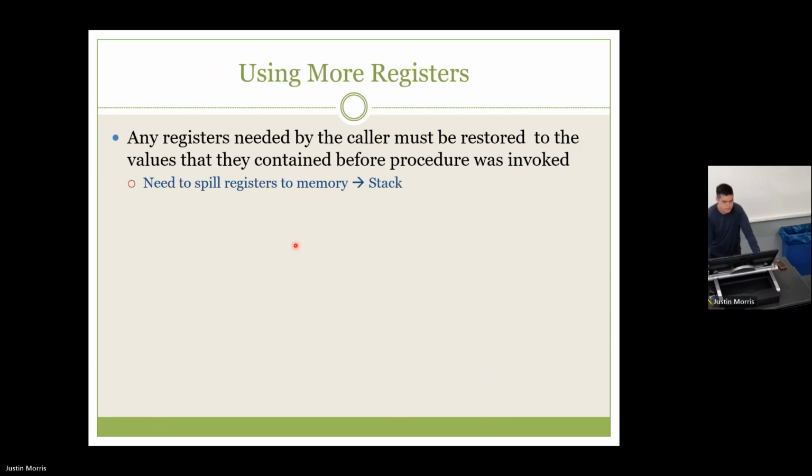Alright. So any registers needed by the caller must be restored to the values that they contained before the procedure was invoked, because we expect our register file to be the same as when we called the procedure. So if the procedure needs to use any registers, it needs to save what is currently in those registers to the stack, which in this case is memory, right?